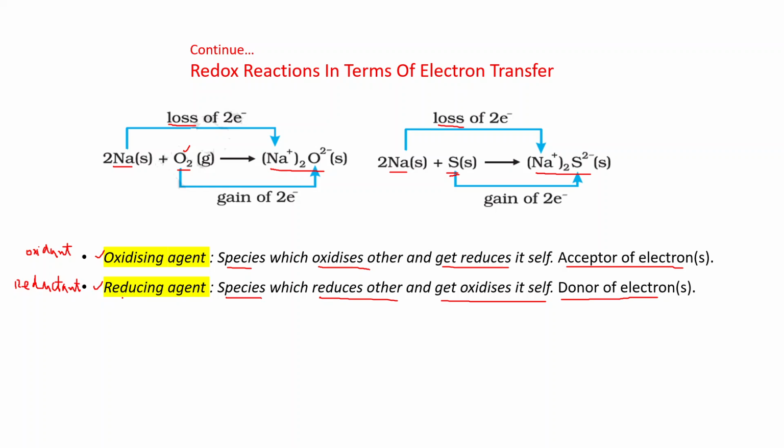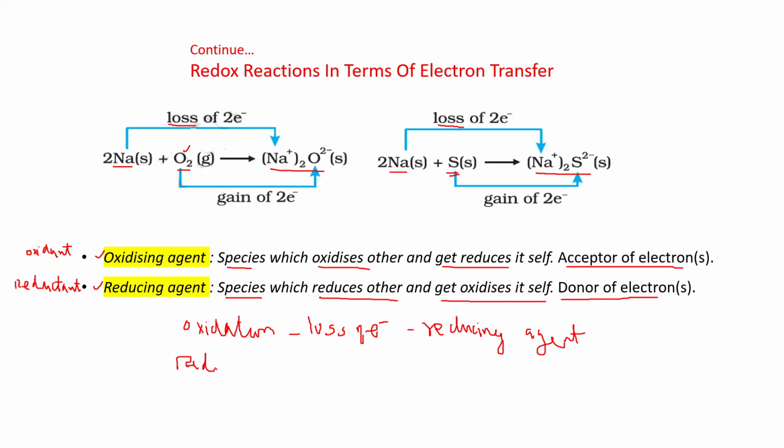Now I think it should be clear. If we define what is oxidation, we can say oxidation is the loss of electrons, and the species which is oxidized is known as a reducing agent. In the same way, what is reduction?